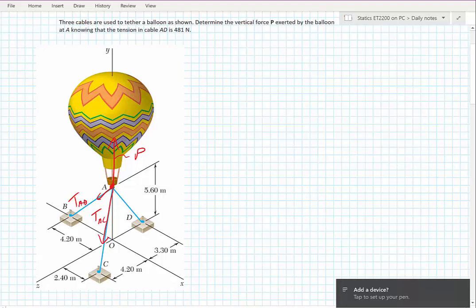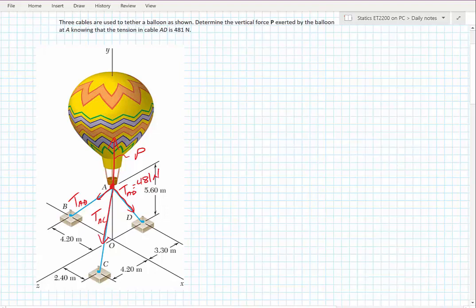And cable AD, we are given. So the tension in cable AD we are given as 481 newtons. So with that in mind, this is the general process that we are going to follow.